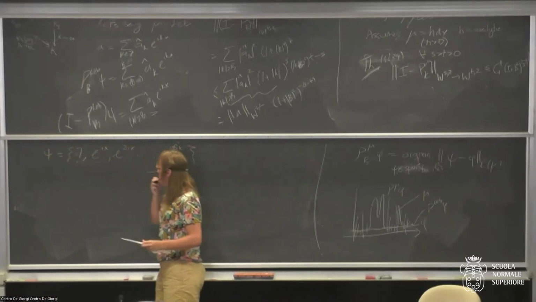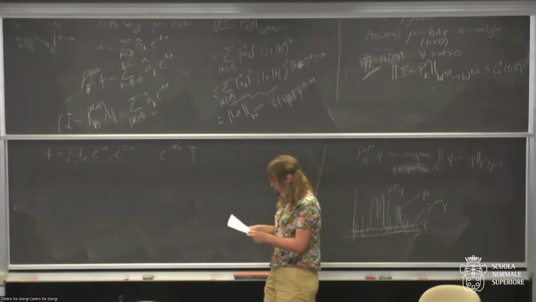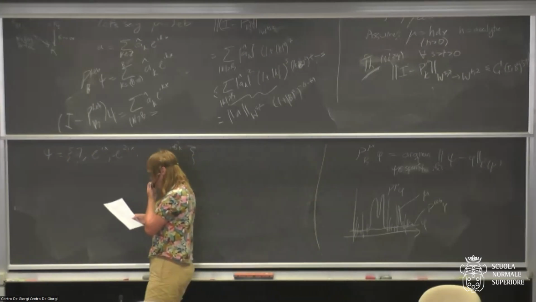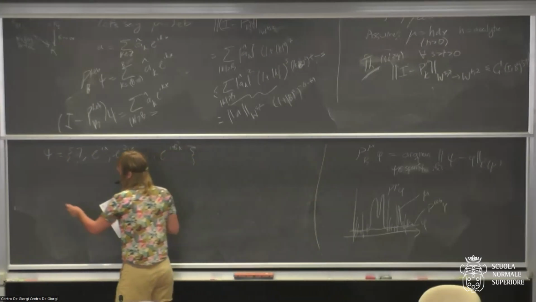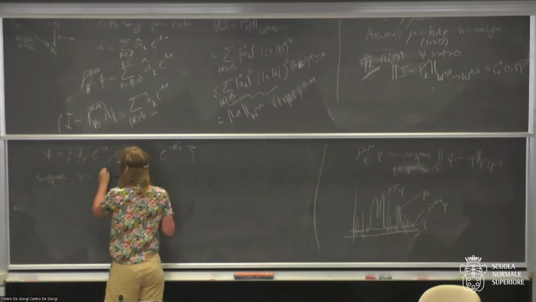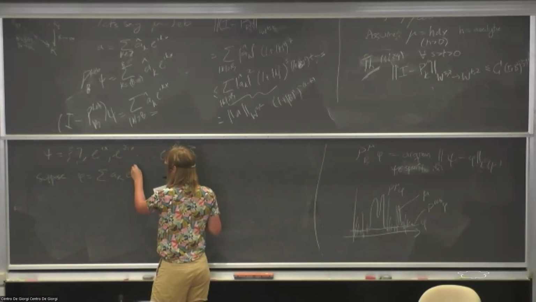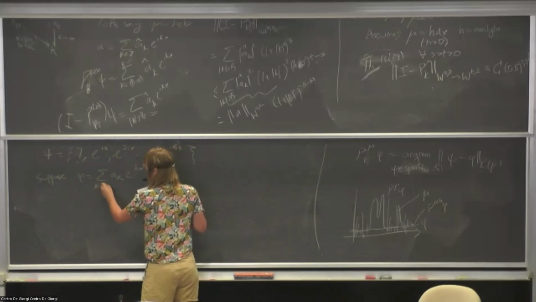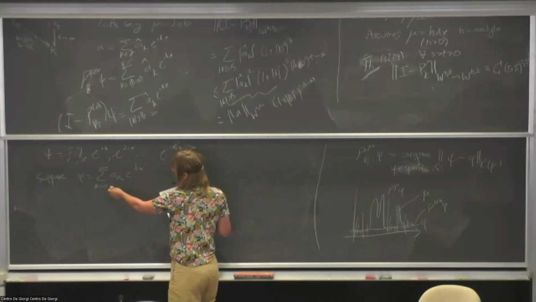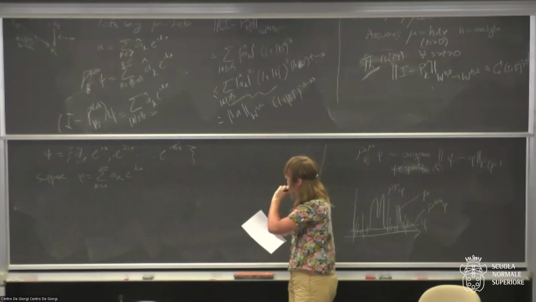It just adds some little details that are not very cool. And suppose we can write a function phi as a sum of a_k e to the ikx, so positive. So somehow this phi extends into the upper half plane, is bounded in the upper half plane.